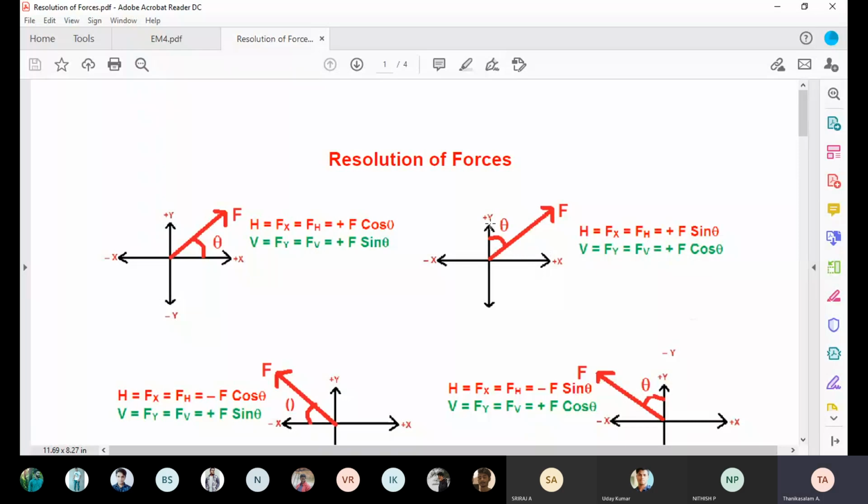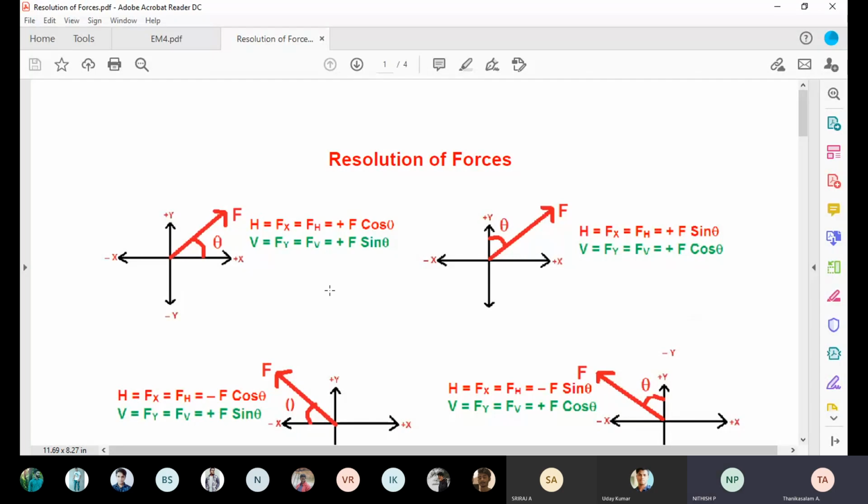Nitish, do you understand? Yeah, sir. Okay, what is the difference between the two diagrams given? Can you explain? Sir, in the first diagram, the force is with the x-axis, sir. Very good, super, excellent.